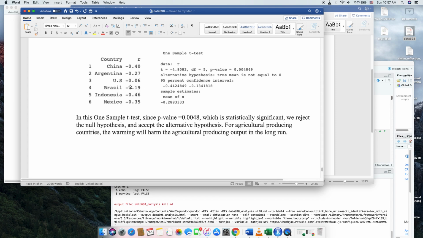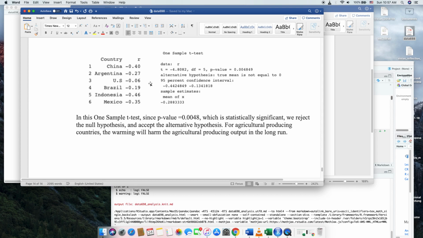In most of them, the correlation is negative and relatively high, except for the United States. The reason the United States doesn't get affected that much, in my opinion, is because we are more technologically advanced, which means even if we get hurt by the warming, we can still use technology to make up for it in the short run. But just in the short run, probably not in the long run.